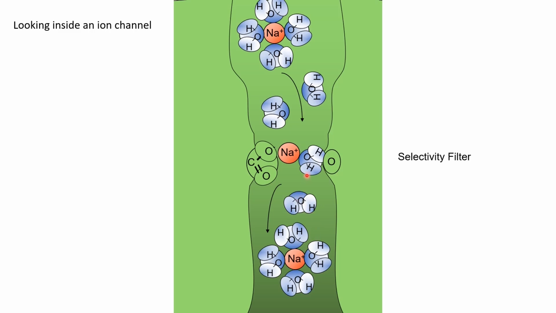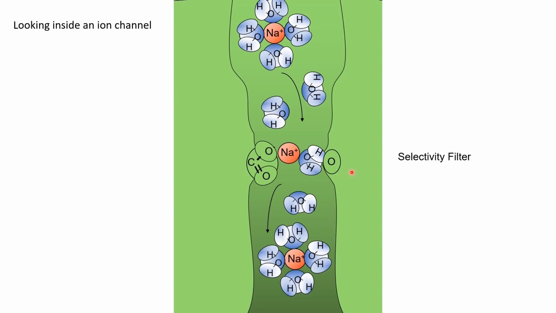The key thing to note here is that the interaction will depend on the exact positioning of these various amino acids. In a sodium channel, the positioning of the amino acids is such that the sodium atom can be fully stabilized, so it is optimized for the size of the sodium atom. And in a potassium channel, the arrangement of the amino acids is optimized for the size of the potassium atom.